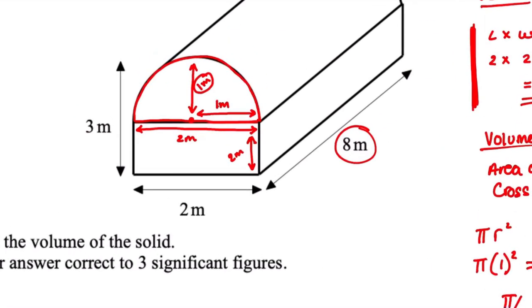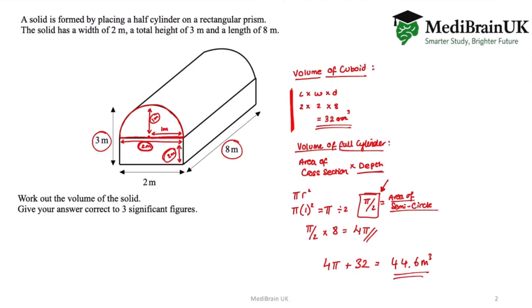We knew that we've got a semicircle over here, and the whole distance was 2 meters. So half the distance tells us the radius, which is 1 meter, and it's going to be 1 meter up as well. That means that this distance over here is 2 meters because the total distance is 3 meters. So we did length times width times depth, 2 times 2 times 8, and that gave us 32 meters cubed, and that was the volume of the cuboid.